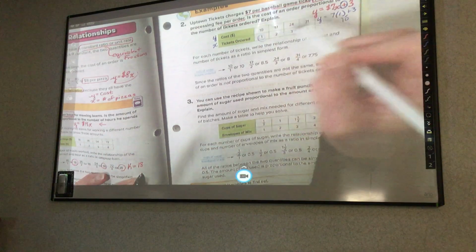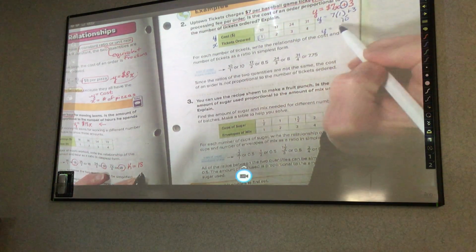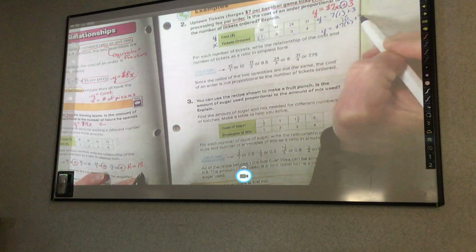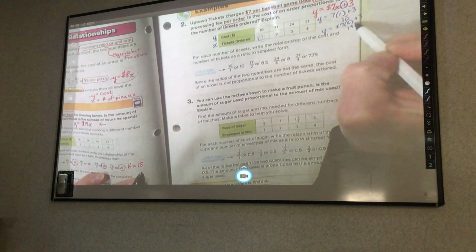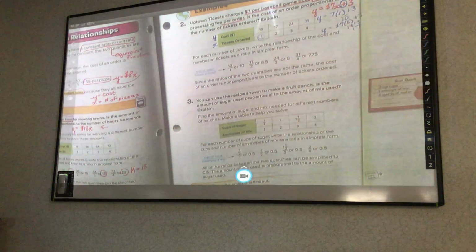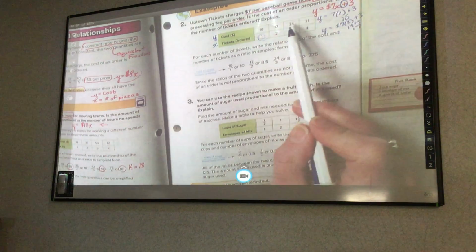Then the next one would be y equals 7 times 2 plus 3, which is 14, plus 3, which is 17. That's how we're figuring it out to go in here.